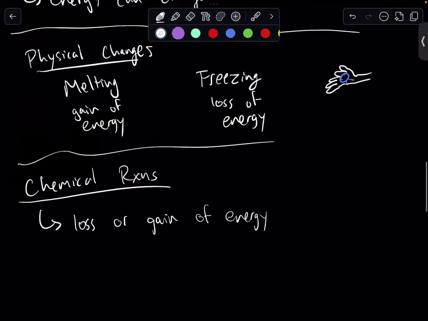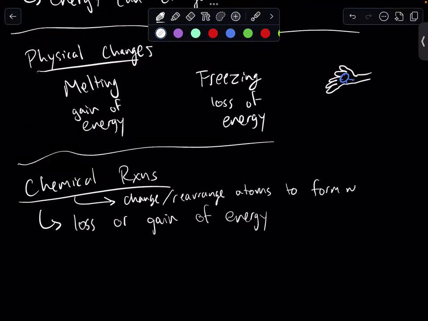Now, what is a chemical reaction? We kind of already know chemical reactions are when we change slash rearrange atoms to form new substances. And as we do that, that takes energy. So it takes that loss or gain of energy.